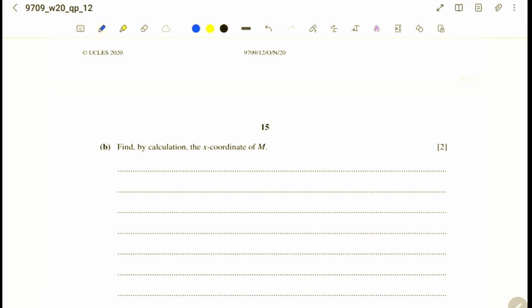We found dy by dx already. dy by dx equal to 8 over 3 minus 2x the whole power 3, minus 1, equal to 0. We have to take this as 0, because at this point dy by dx is 0.